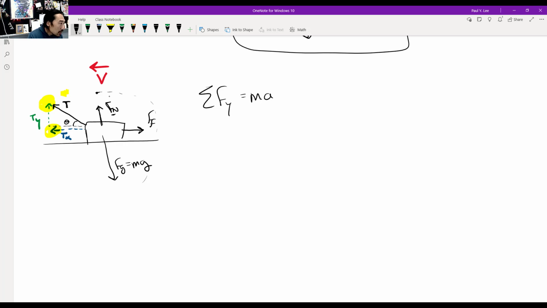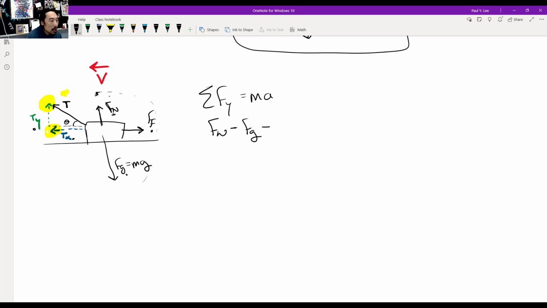So for example, this F of N, is that in the y-axis? And the answer is yes. So I'm going to put that down. Positive F of N. This force of friction, that's in the x-axis. Don't need to put that there. F of g, y-axis, but it's going downwards, so negative. Tx, nope, that's the x-axis.